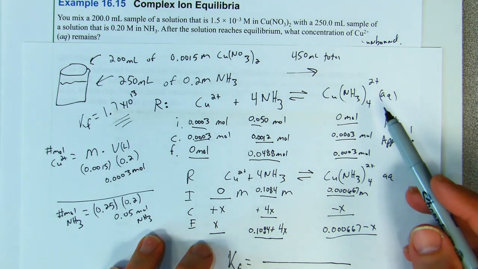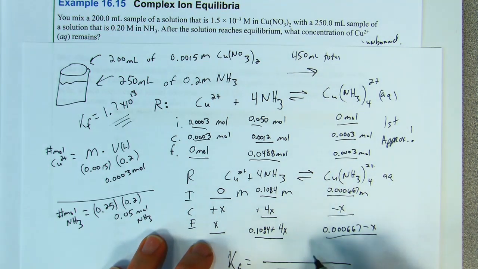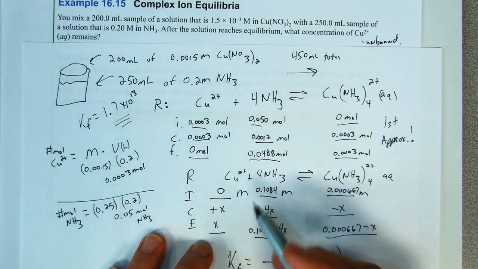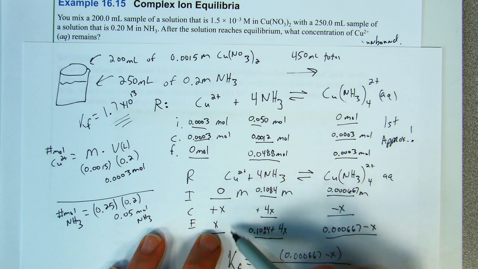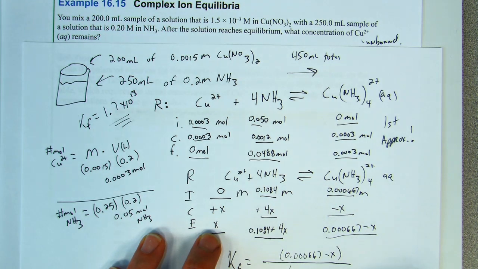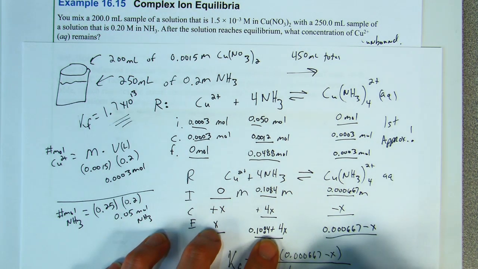Kf is equal to my products' molarity divided by reactants. This is a 1 for the stoichiometry. Now, the expected equilibrium concentration of copper is just x, so I put that in. My expected equilibrium concentration of this one is 0.1084 plus 4x. Now I also need to raise that to the 4th power, don't I?